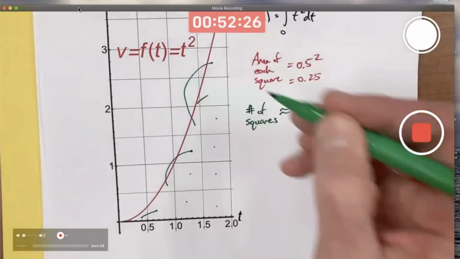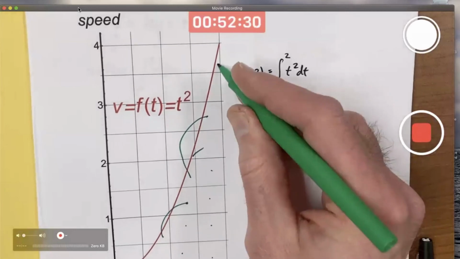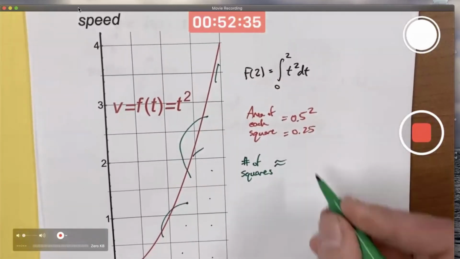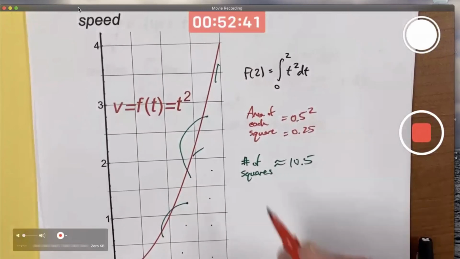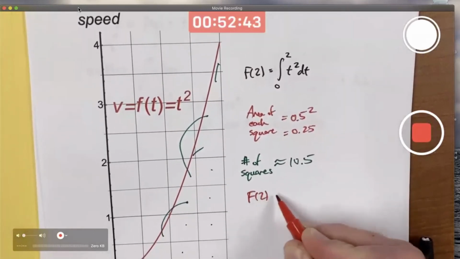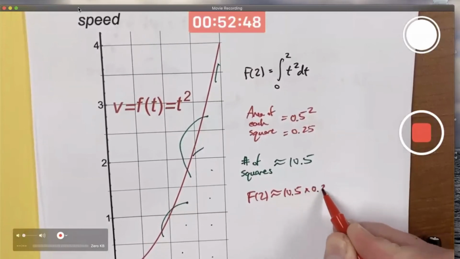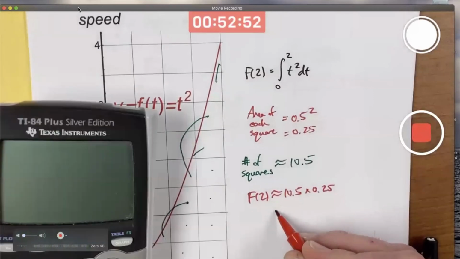These two make approximately 10. And these two make approximately, say, 1/2 of a square. About 10.5 squares. Therefore, F of 2 would be approximately the number of squares times the area per square. And that comes out to be, I believe, 2.625.